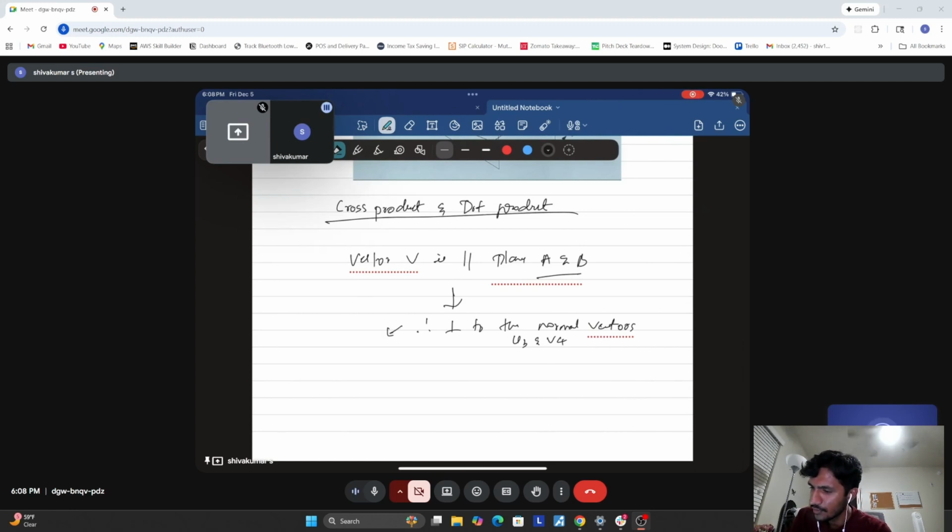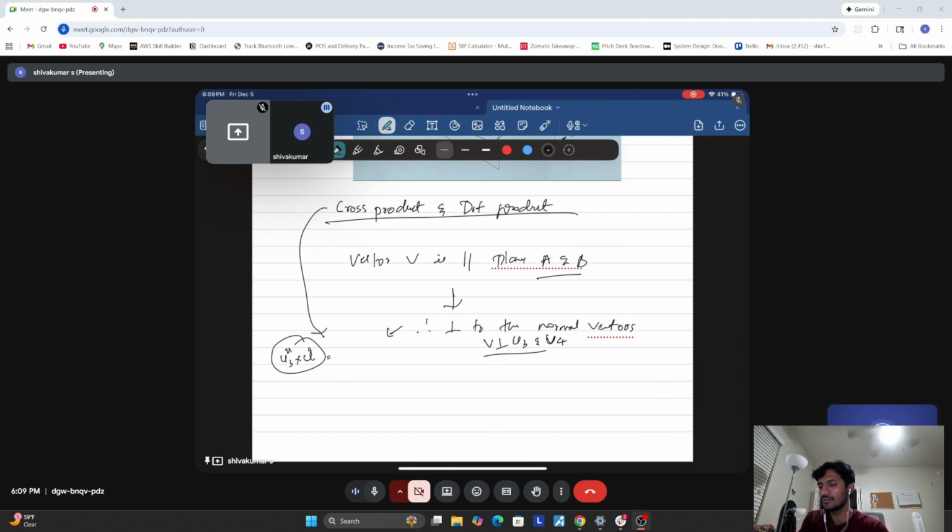Now we know that v is perpendicular to u3 and u4, and we can use the cross product rule, which says that the cross product of two vectors, in this case u3 and u4, gives a resultant vector perpendicular to both u3 and u4.